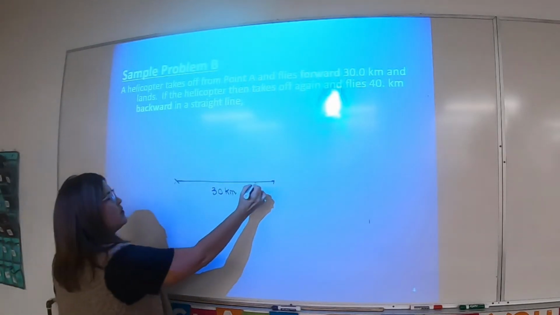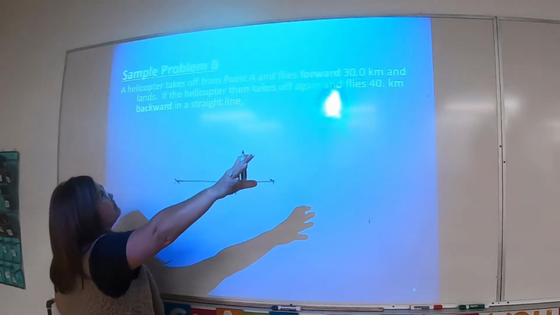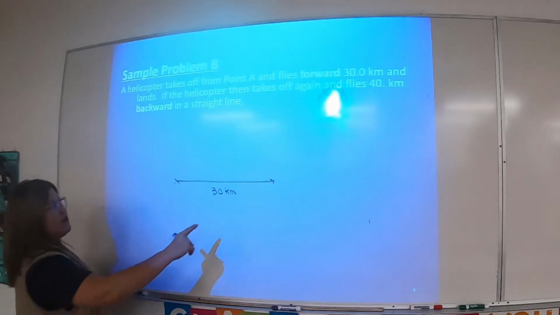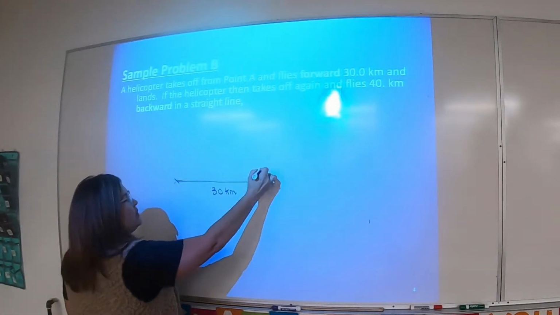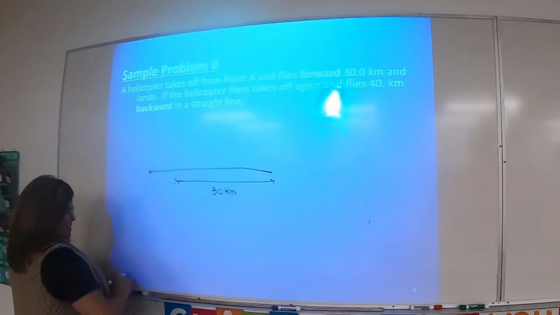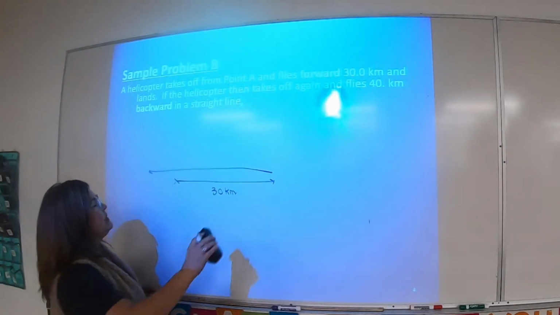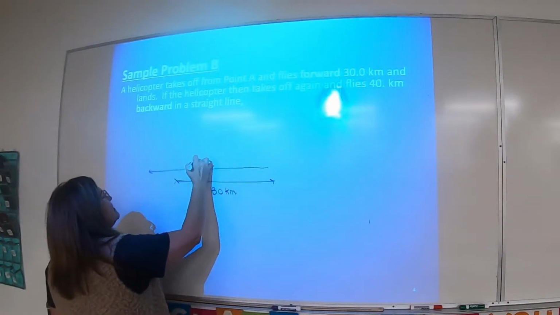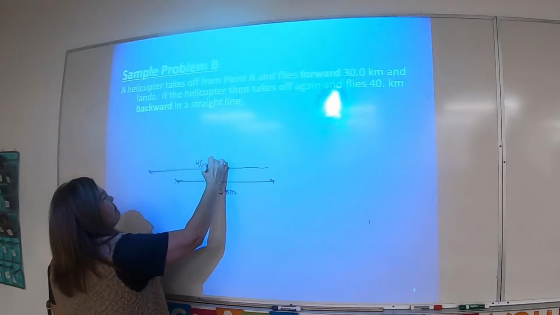I've got my arrow here to prove that I'm going forward. It's going to take off again, and now it's going to fly 40 kilometers backwards. So from this arrow, I am going back. That's a straight line, believe it or not. 40 kilometers back.